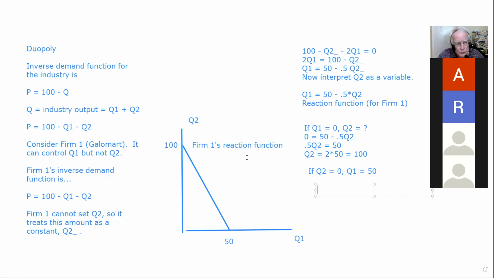Now, the problem for firm 2 is exactly the same as for firm 1. So we can write down the reaction function for firm 2 as Q2 equal to 50 minus 1/2 times Q1.